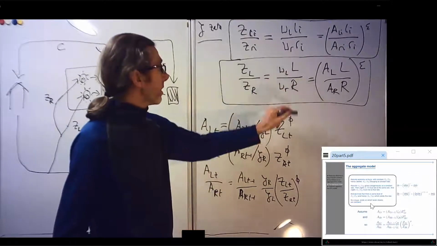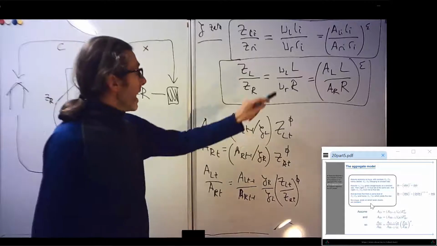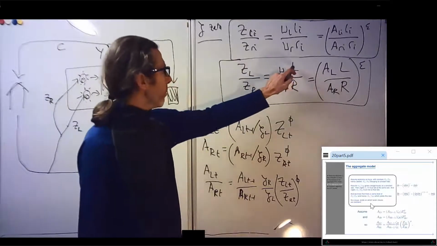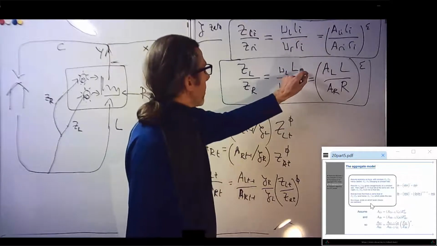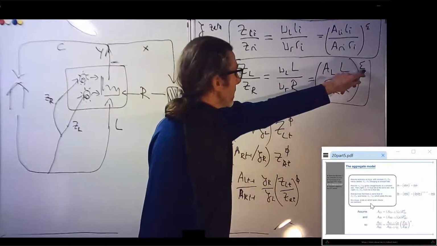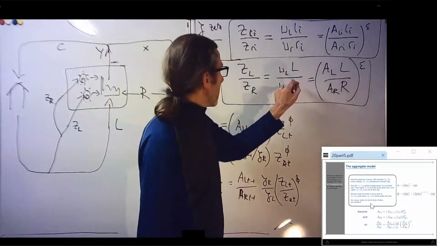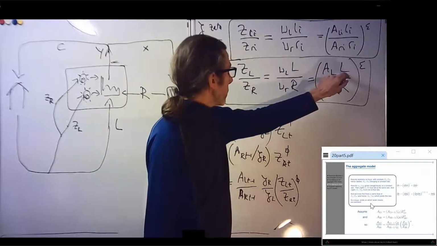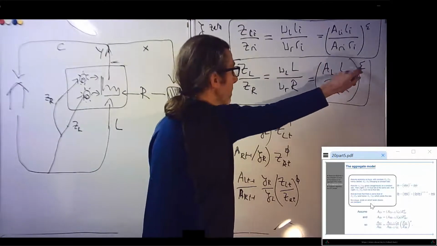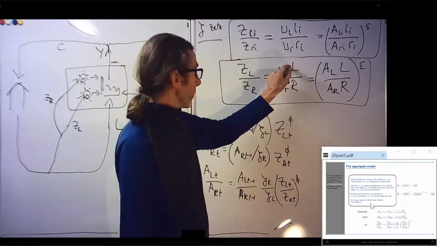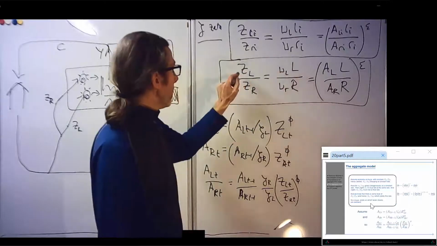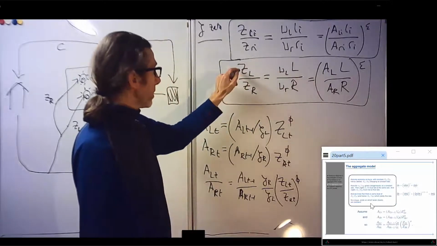So there's some particular ratio of factor shares that gives balanced growth, whatever the values of L and R. If L is too big, what happens? Epsilon is negative, so when L goes up, the share of L, because L is on top here, goes down. Investment in L augmenting knowledge goes down.